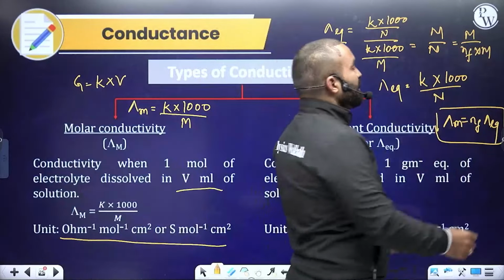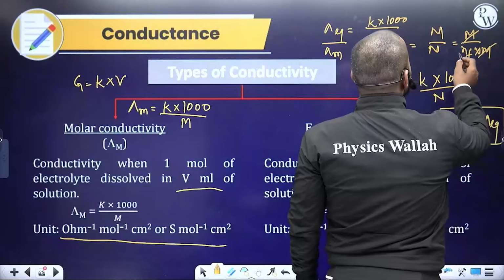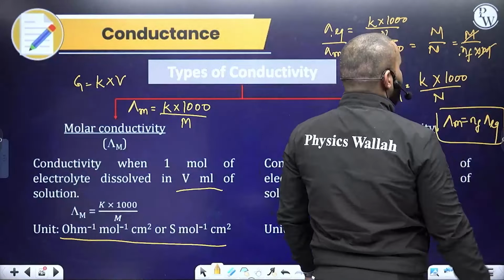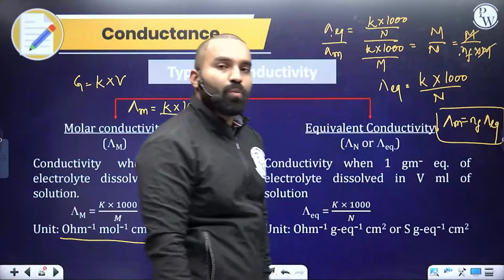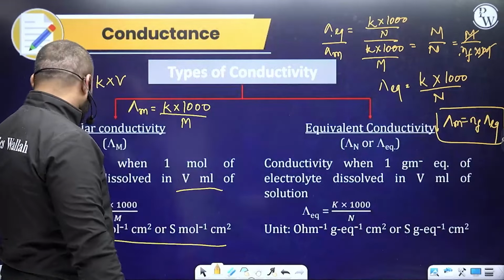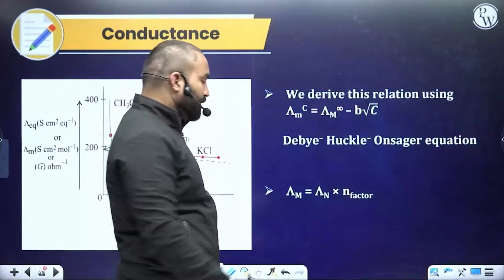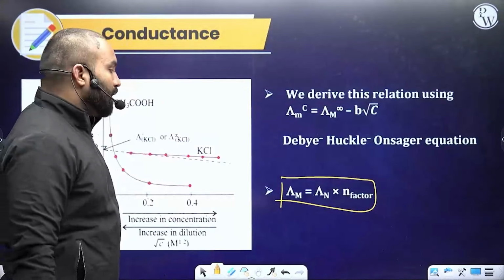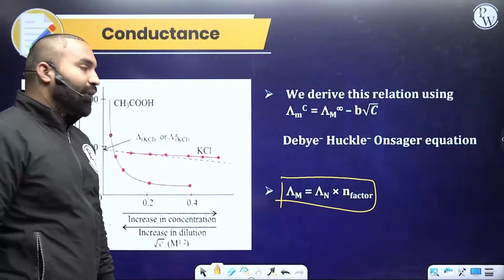Equivalence conductance gets multiplied with n factor, which equals molar conductance. This is the relation we have just developed: molar conductance is equal to equivalent conductance into n factor.